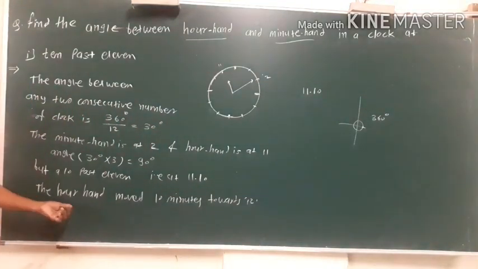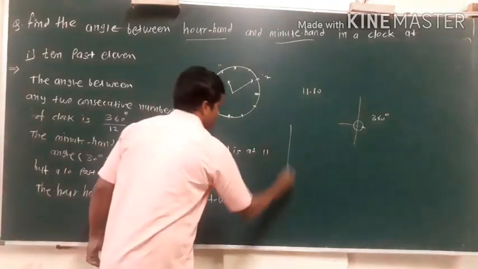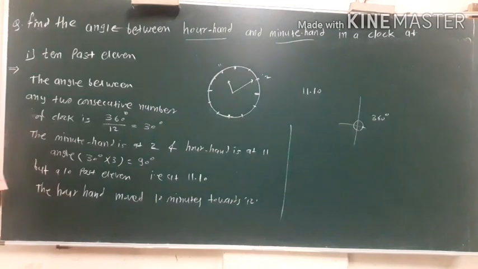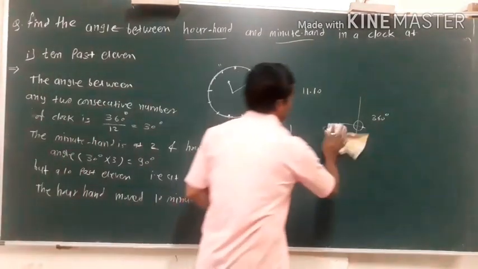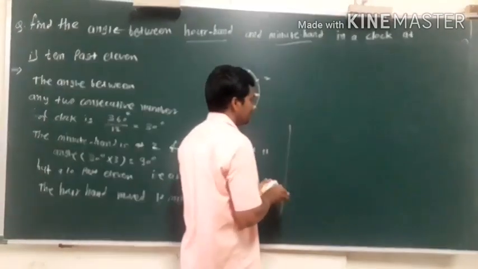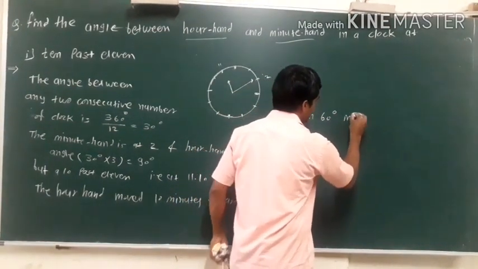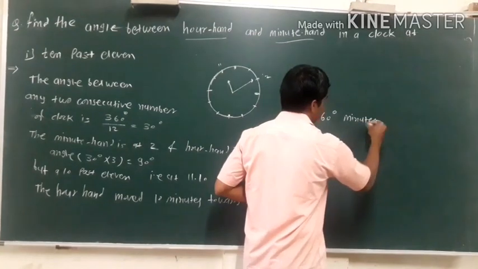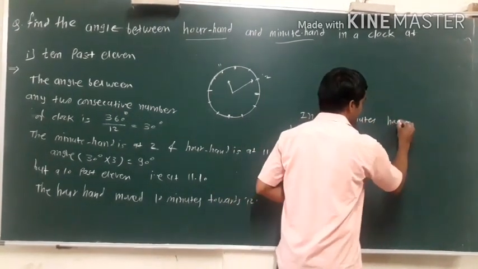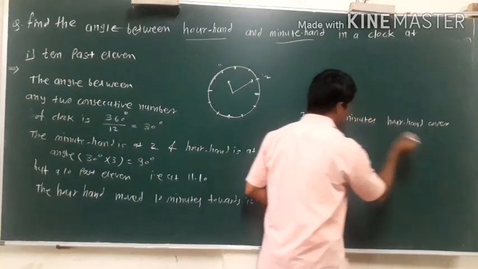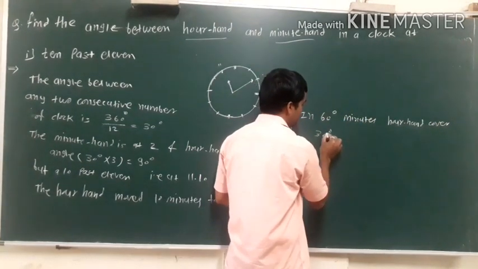In 60 minutes, the hour hand covers 30 degree.